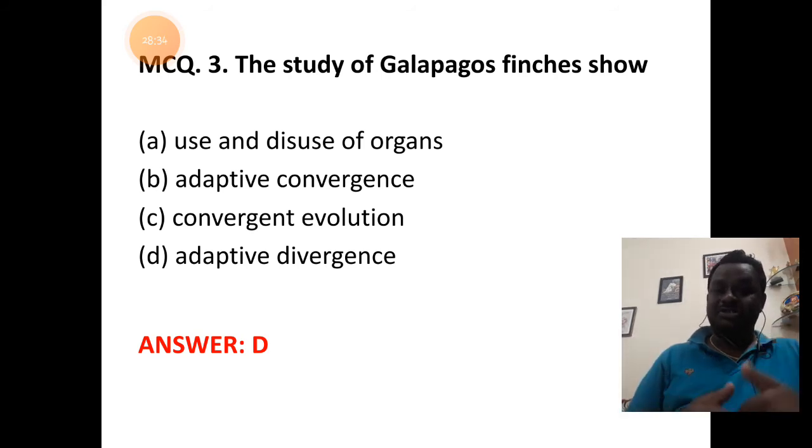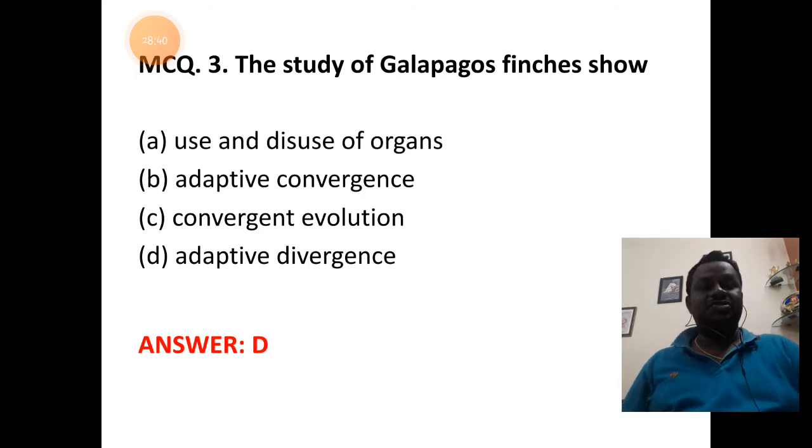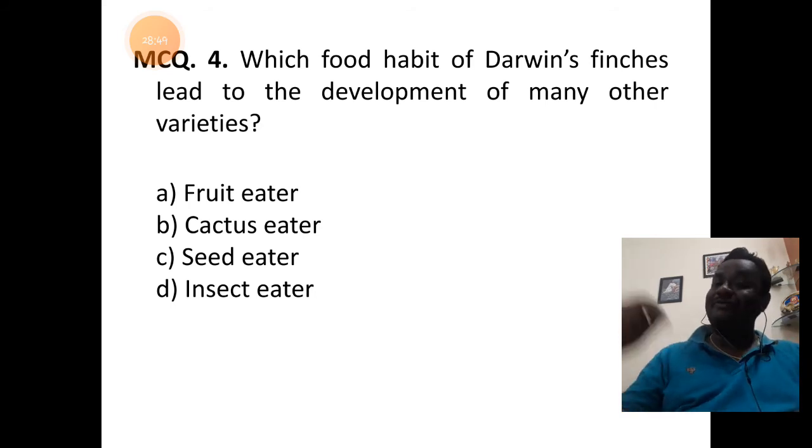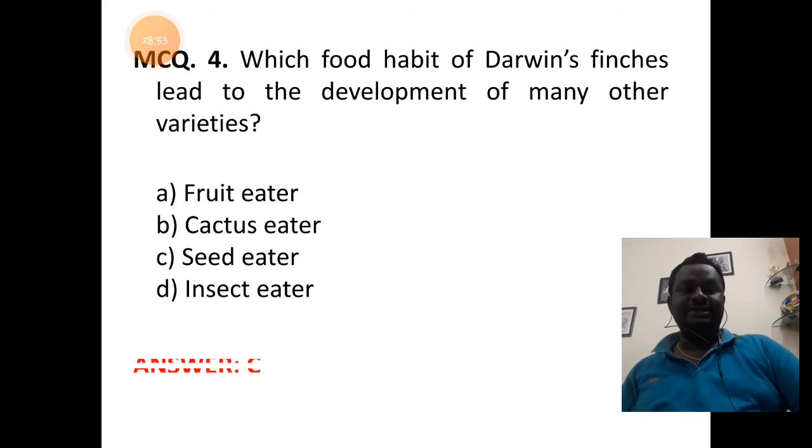It is not convergent evolution. It is not use and disuse of organs. It is adaptive divergence. Which food habit of Darwin's finches led to the development of many other varieties? Which was the first ancestral form? It was the seed eater. So answer is C.